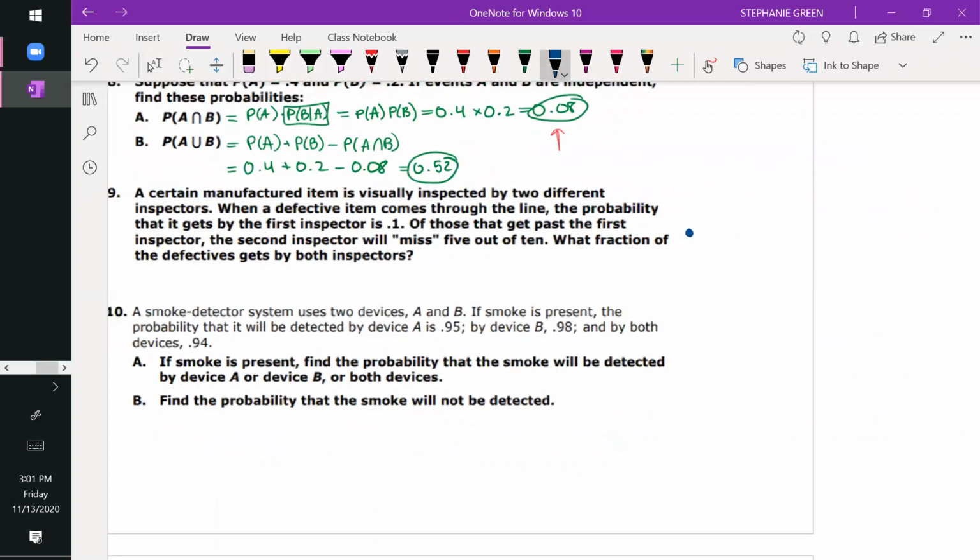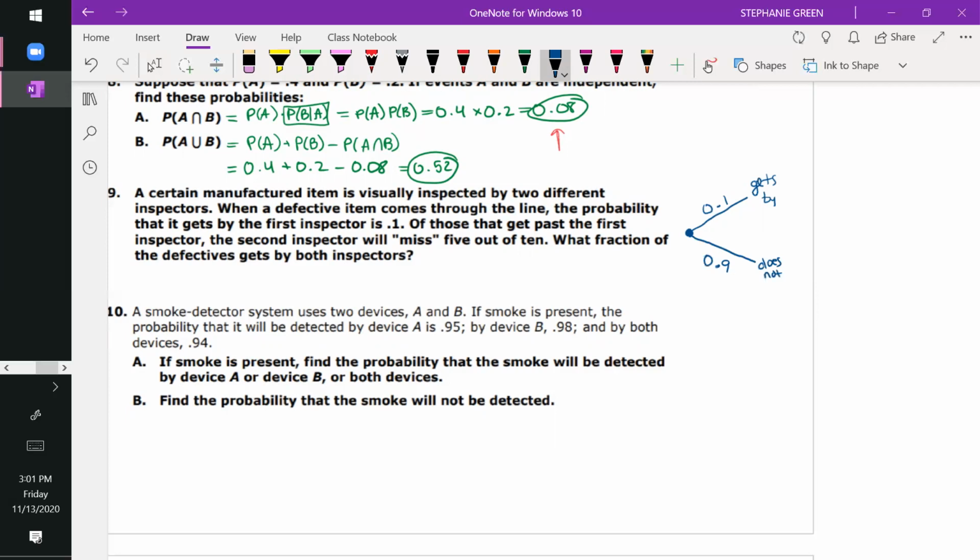It says when a defective item comes through the line, the probability that it gets by the first inspector is 0.1. So it gets by with 0.1, which means the probability that the first inspector is going to notice it and throw it away, that it does not get by, is 0.9.